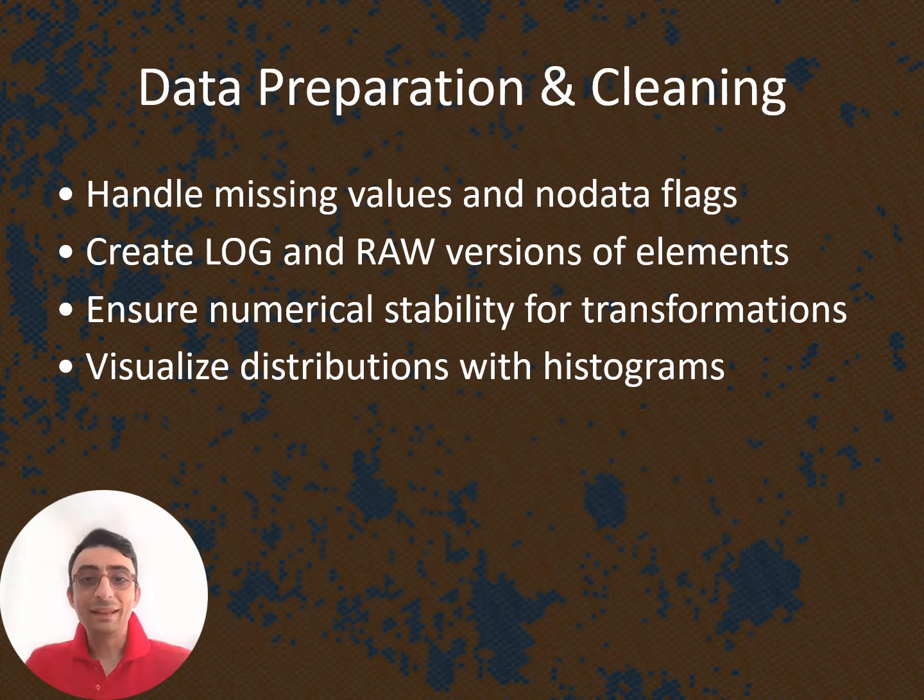Loading and cleaning the dataset includes handling missing values, filtering out invalid measurements, creating both log transform and raw versions of each geochemical element. And we're also going to clip extremely small values and ensure the dataset is clean enough for a statistical operation.